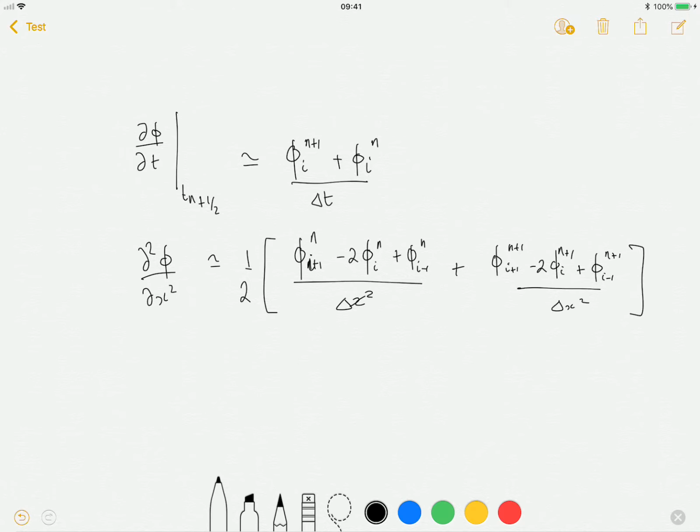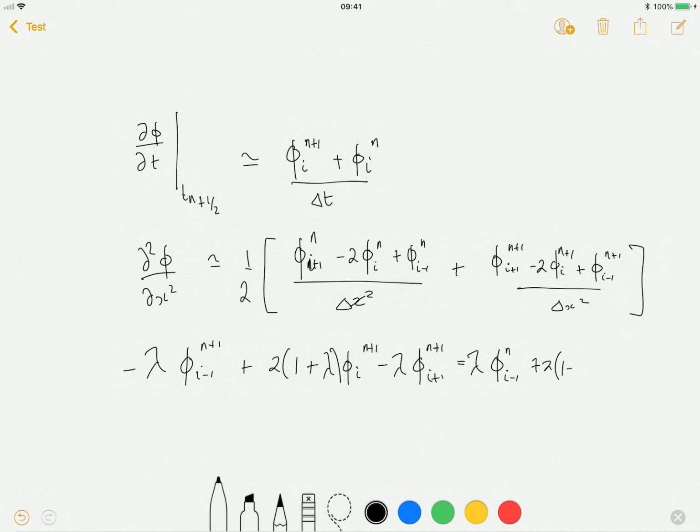Which, when we substitute back into our diffusion equation, we get negative lambda φ_(i-1)^(n+1) plus 2 times (1 plus lambda) φ_i^(n+1) minus lambda φ_(i+1)^(n+1), which is equal to lambda φ_(i-1)^n plus 2 times (1 minus lambda) φ_i^n plus lambda φ_(i+1)^n.